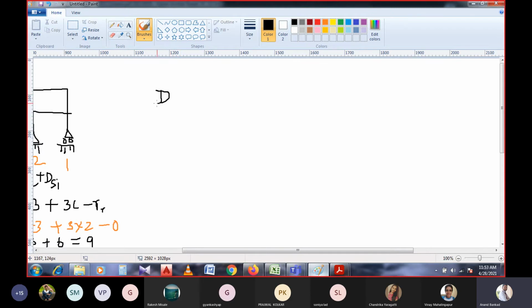I will write over here if you are unable to understand. So D is equal to DSE plus DSI. DSE we have as R minus 3. For R we have 9 reactions, minus 3 gives 6 degrees of statical indeterminacy, that is externally. In some of the questions, you may be asked to calculate only the external statical indeterminacy for the structures.